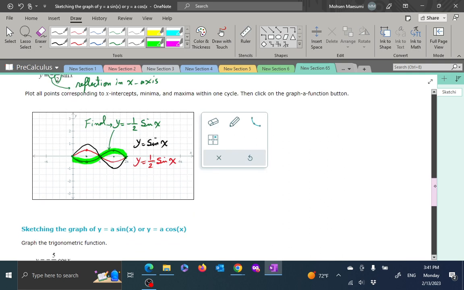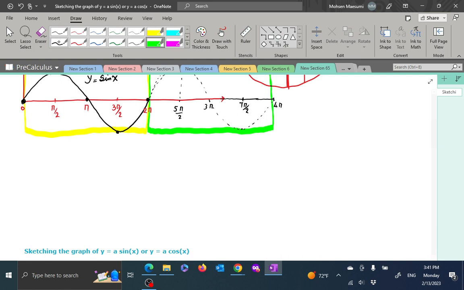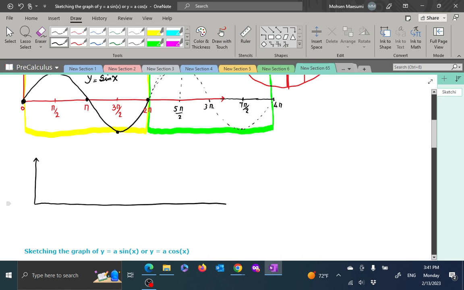Well, what about cosine of x? Let's just quickly mention something about cosine of x as well. So cosine of x, again, let's suppose that this is pi over 2, and this is pi, this is 3 pi over 2, and this is 2 pi.